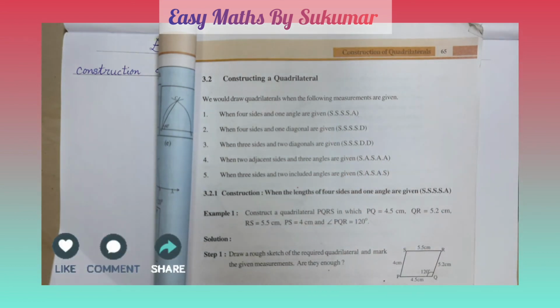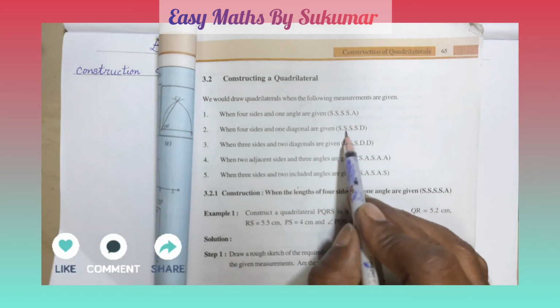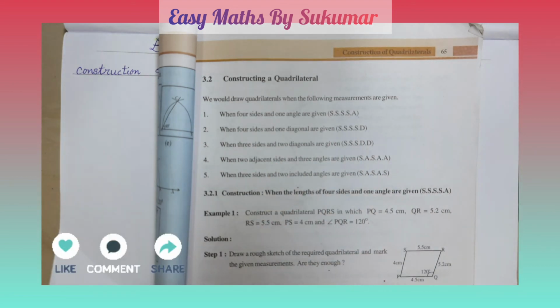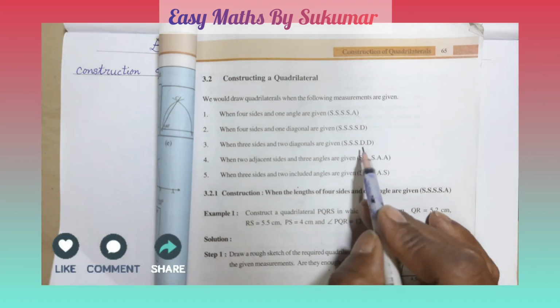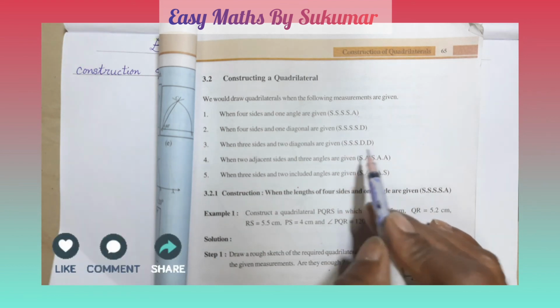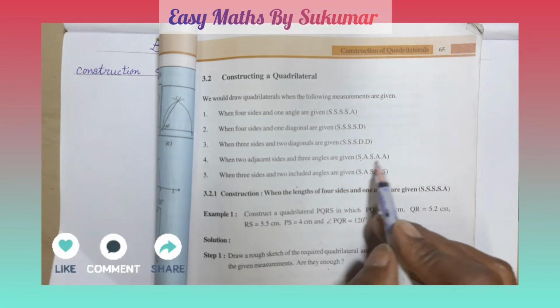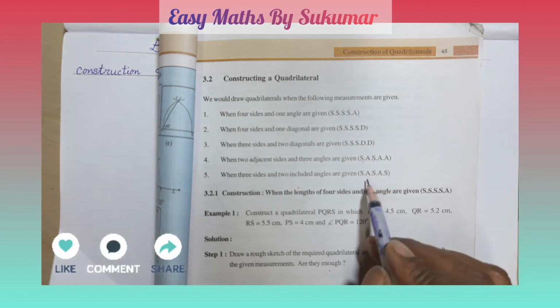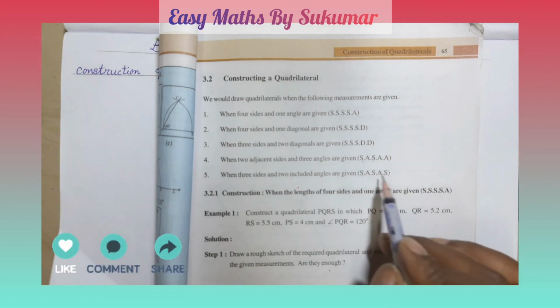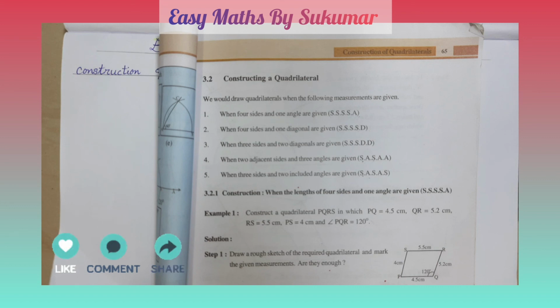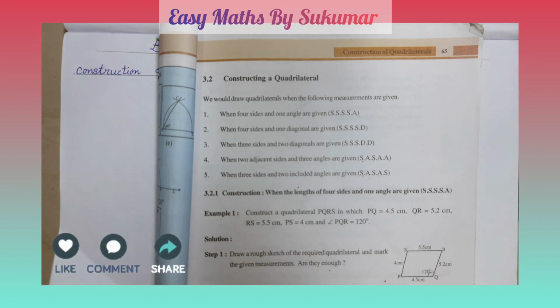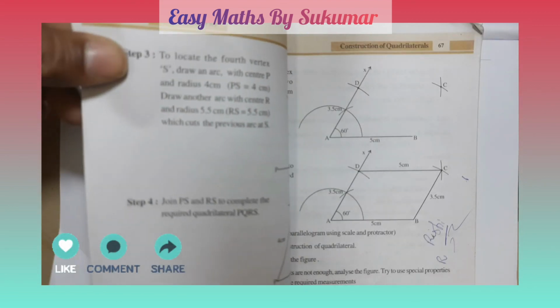And the next one is 4 sides and 1 diagonal. So total 4 plus 1, 5. And here 3 sides and 2 diagonals, that is 3 plus 2, 5. Here 2 sides and 3 angles, that is the fifth case. So finally the conclusion here is we need 5 independent measurements to construct a quadrilateral.